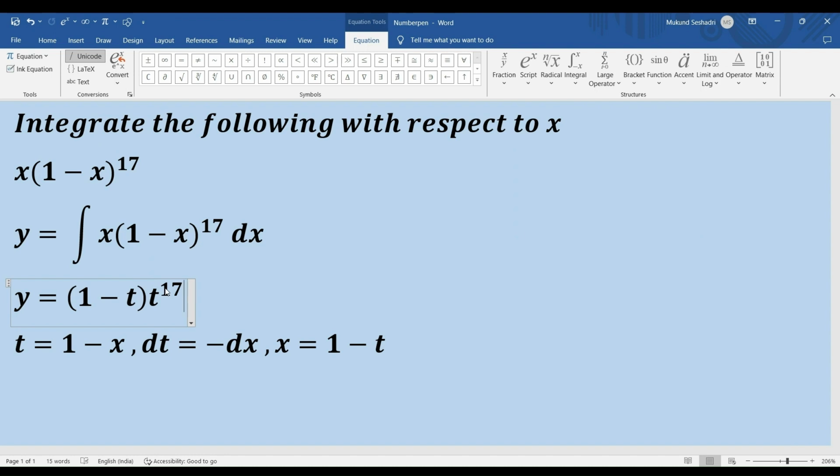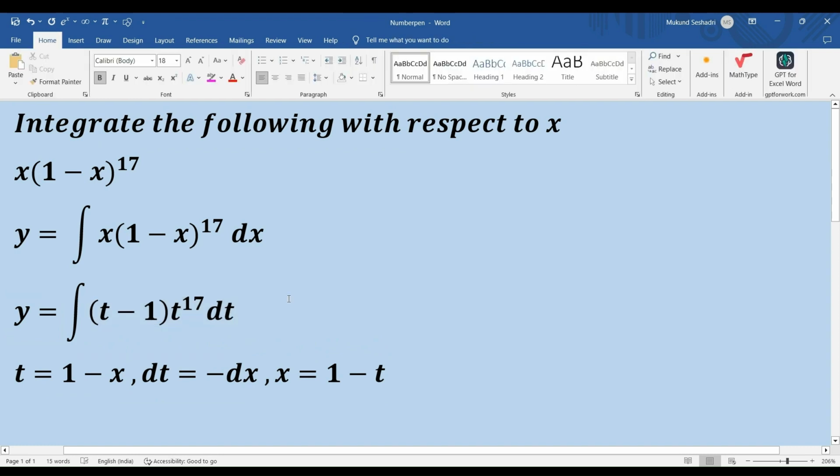Therefore, my expression dx becomes minus dt, right? So I pull out the minus sign, and this is my dt, right? I have minus of (1 minus t), so I can eliminate the negative sign if I rewrite this as t minus 1. Now my y is nothing but the integral of the given expression, right?